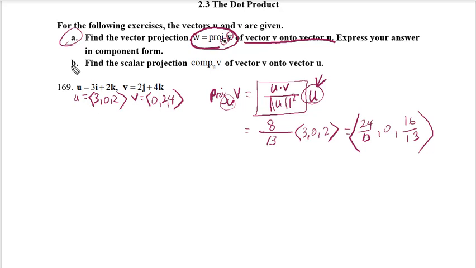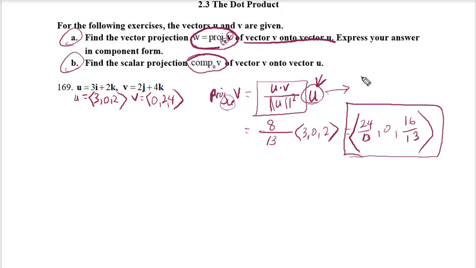Now you can do this any number of ways. The B choice, the component of V in the U direction, is nothing more than the magnitude of the vector we just found, which, by the way, happens to be this, U dot V over the magnitude of U, because the rest of this, the other magnitude of U, gives us the unit vector in the U direction.